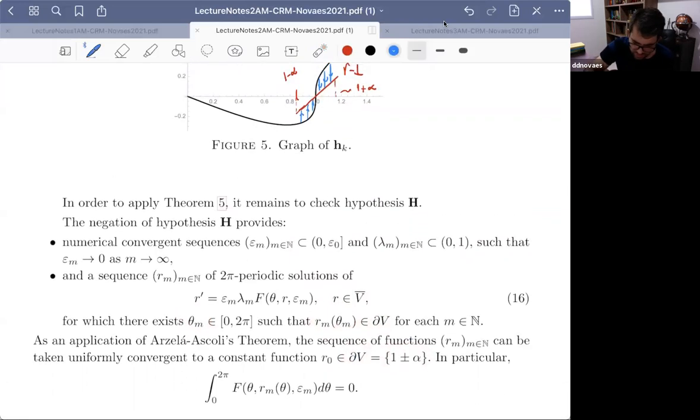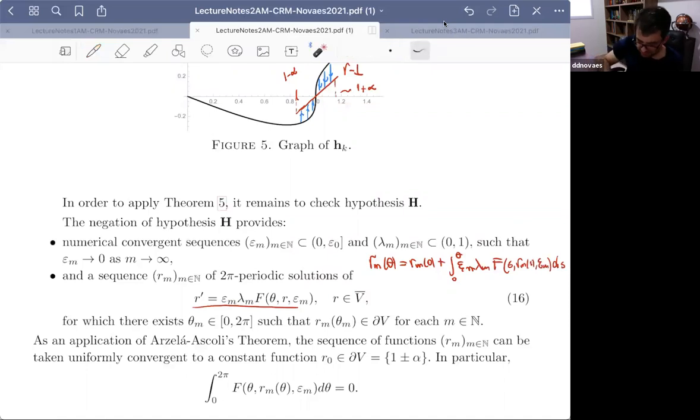If now we use that R_m is a solution of this differential equation, then by the integral characterization of solution of differential equation, we know that R_m of theta is equal to R_m of 0 plus the integral between 0 and theta of epsilon m lambda m f of R_m of s, epsilon m ds.